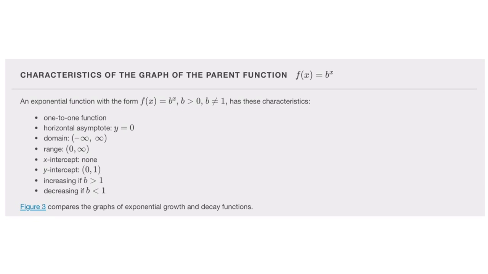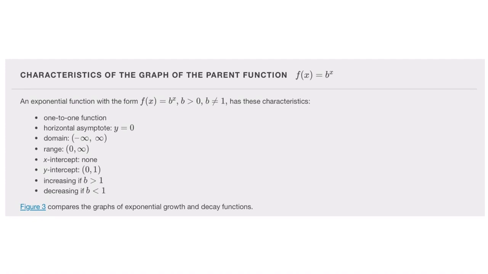Exponential functions have a horizontal asymptote. Without applying any transformations, the horizontal asymptote is the x-axis, where y is equal to 0. Exponential functions in general have a domain of all reals, negative infinity to positive infinity, and the range is the open interval from 0 to infinity. Notice the parentheses at 0, which means we get infinitesimally close to 0, but our y values never reach 0 without any manipulation.